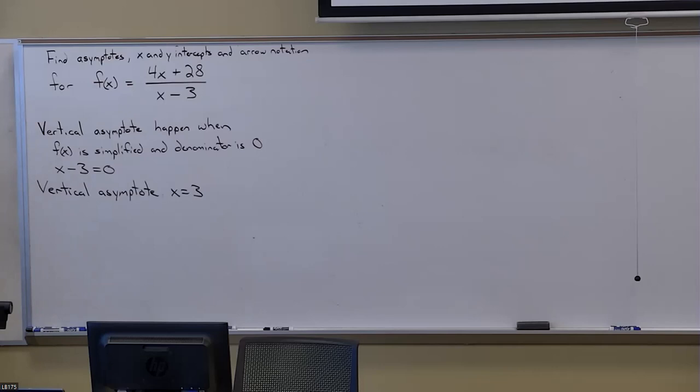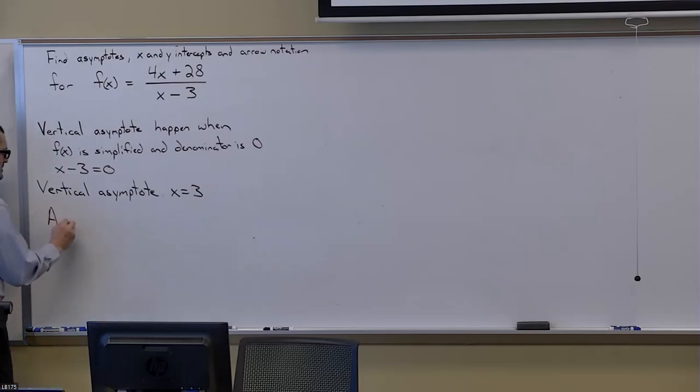Again, if the denominator is quadratic, you can solve a quadratic and you might get 2 asymptotes. You might get none, because certain quadratics can't be solved over the real numbers, and you might get complex solutions, which means you don't have one. But in this case, we got one vertical asymptote. That's when the denominator is 0, when x equals 3.